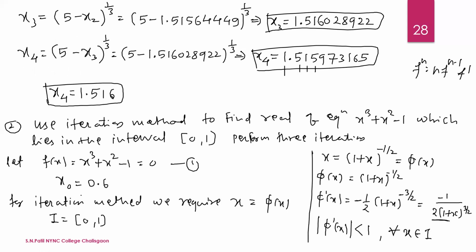Now put n is equal to 1 here. Then the first iteration is x1 is equal to 1 plus x naught raised to minus 1 by 2, which is 1 plus the value of x naught we have already selected, that is 0.6. This value you can select 0, 0.1, 0.2, up to 1. Now here we have selected 0.6, raised to minus 1 by 2.